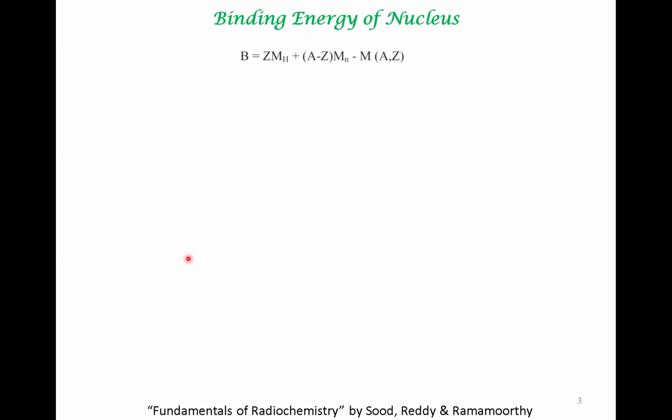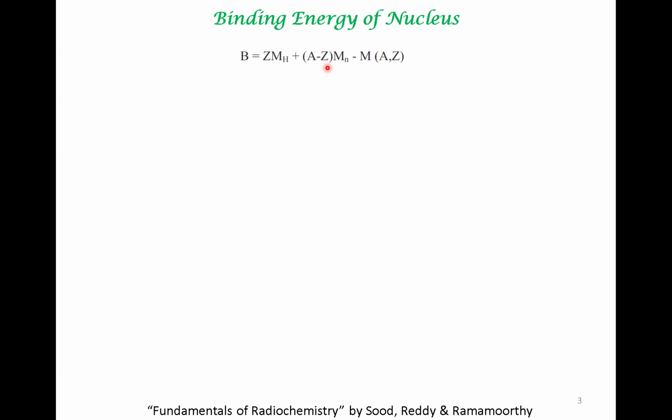All right, so what is the binding energy of a nucleus? The binding energy of a nucleus containing Z protons and A minus Z neutrons is given by this formula. How do we think about this? This is like a chemical reaction, right? Imagine that you have Z protons isolated from each other and A minus Z neutrons isolated from each other.